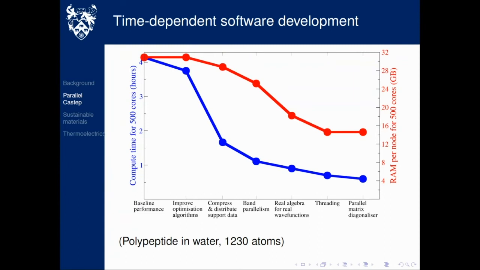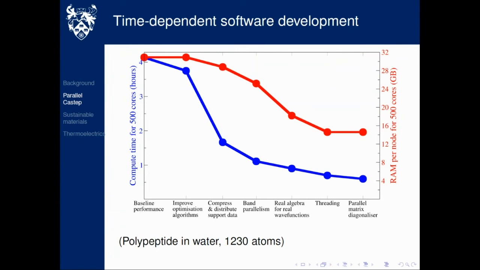This is the time it takes to compute a small protein, so compute where the electrons go in a small protein in water, using 500 cores of, actually this was ARCHER. I ran each of these on ARCHER. In blue, we have the time it takes to do the simulation, as I update CASTEP to use each of the methods introduced in these eCSEs.